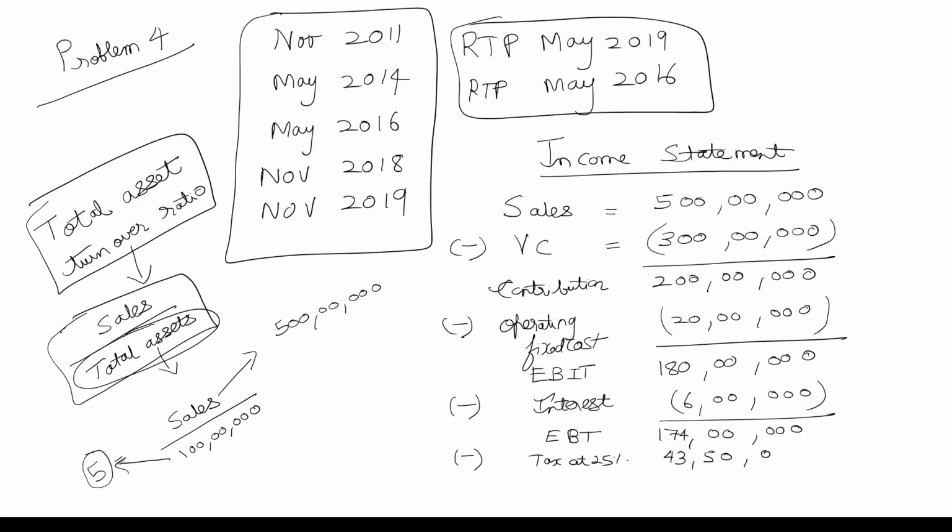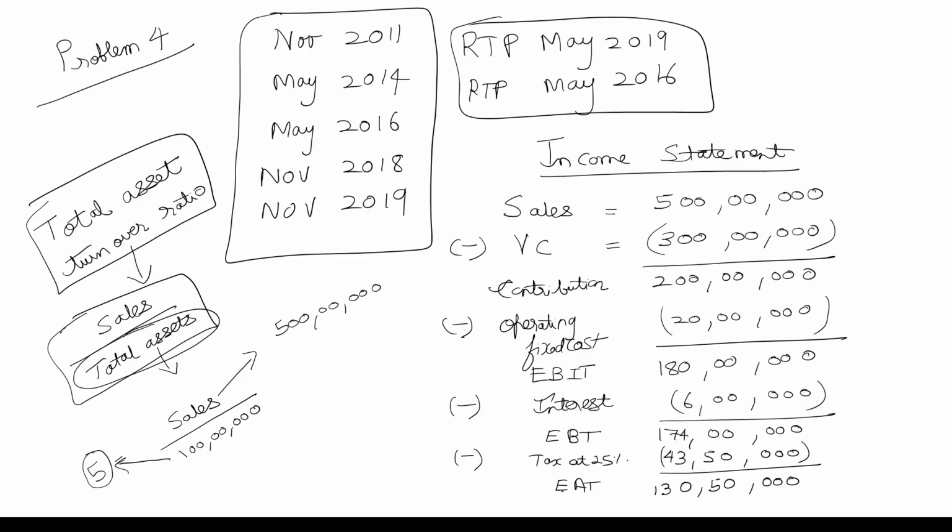This is the tax at 25%, 43 lakh 50,000. I get earnings after tax. So that is 130 lakhs 50,000. This is the earnings after tax.